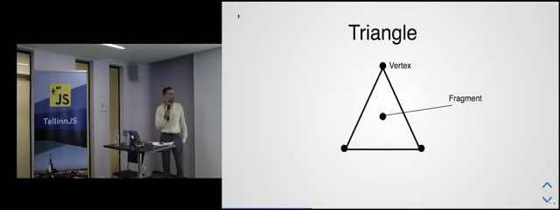It's just float values, maybe position, texture coordinates, maybe lighting or color properties, and fragment. Roughly we can say that a fragment is the pixel. So we have 3 vertices and a lot of fragments for each triangle.